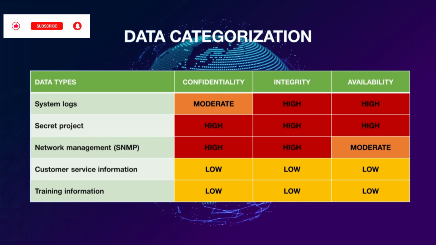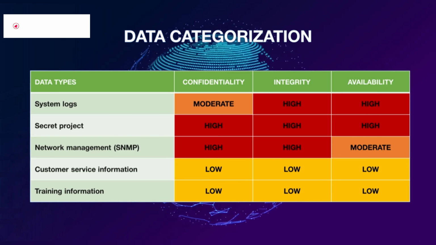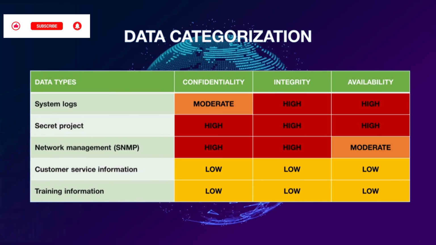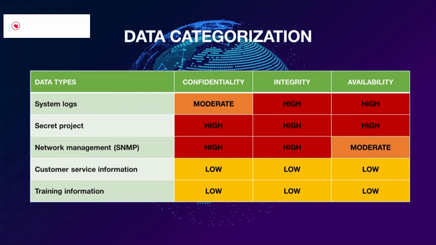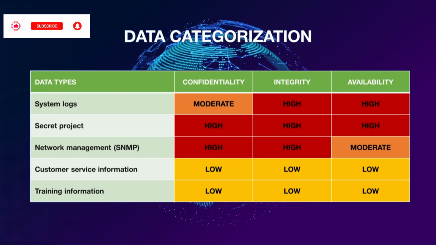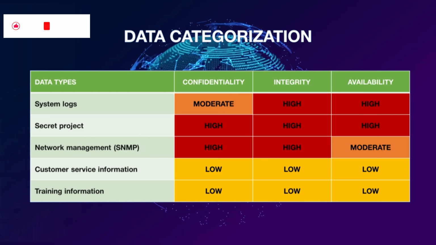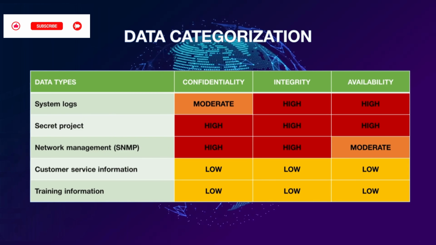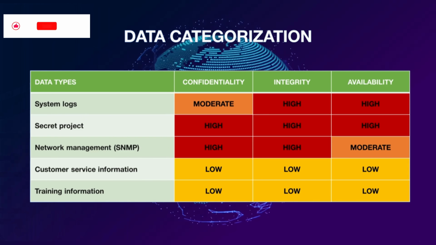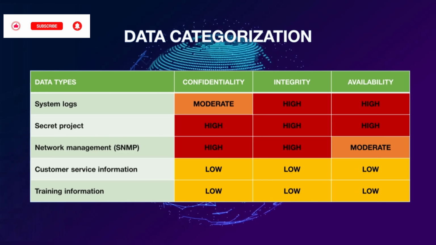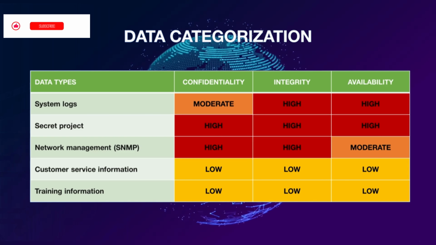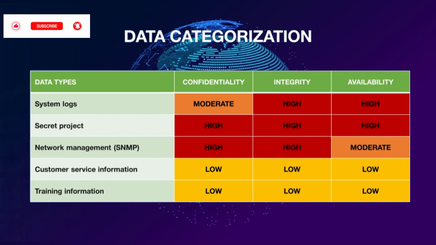Also, with system log, if you are working in a security operations center, you want those logs to be available all the time, with 99.9% uptime. So availability comes into play, and that's going to be high. But then going down to something like customer service information, maybe these are just common calls that come into your organization. You don't treat them as valuable as other information.